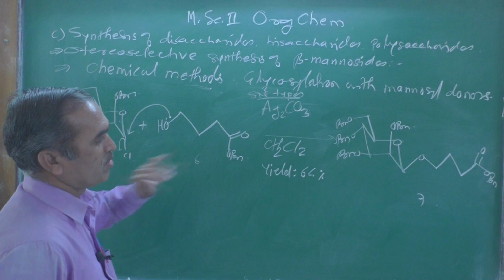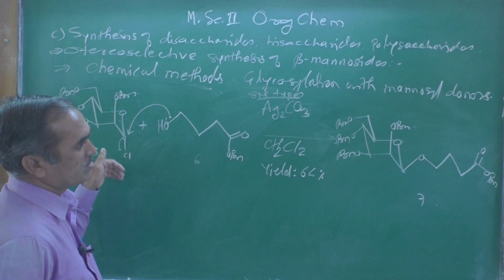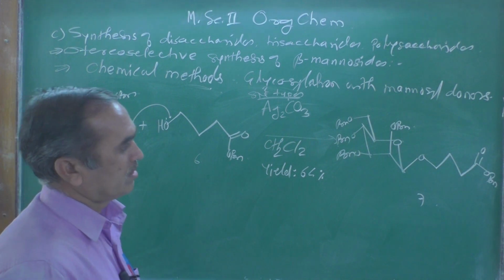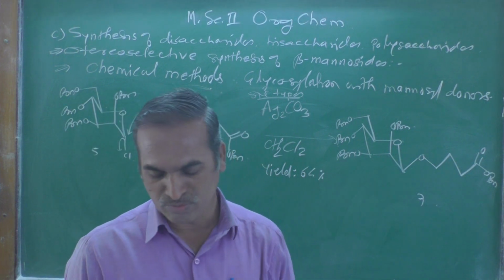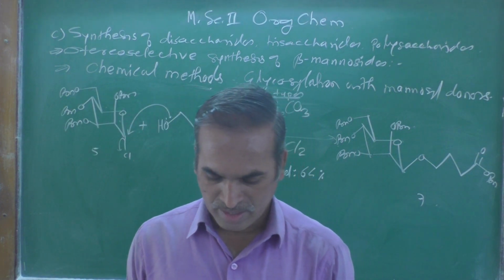Beta side means above the plane, alpha side means below the plane. So that is the product which we have got over here.